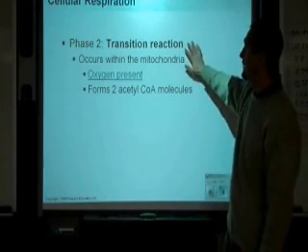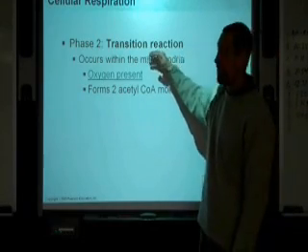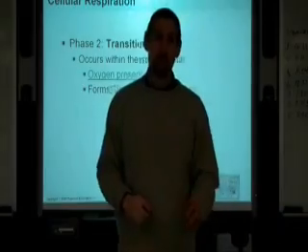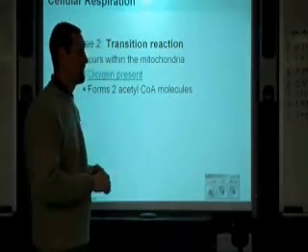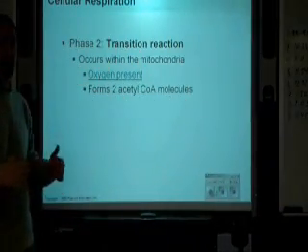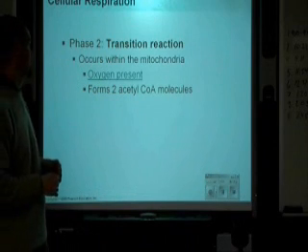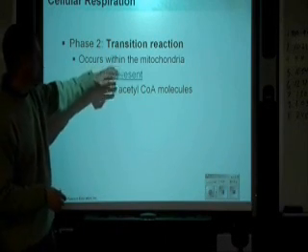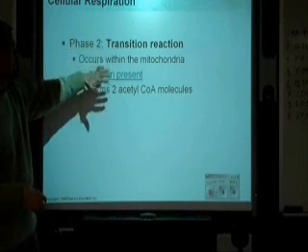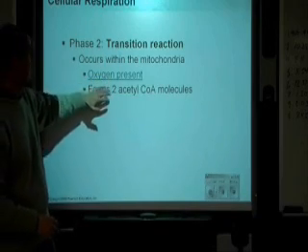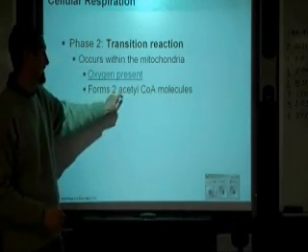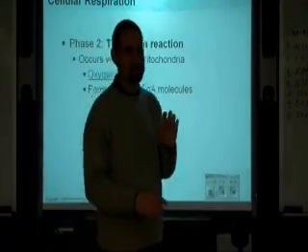In the transition reaction that happens inside the mitochondria of the cell, so this is an organelle in the cell that you've been looking at, that's the energy producer, sometimes called the powerhouse of the cell. If there's oxygen present, we're going to take that pyruvic acid and make something else. In this case, we're going to make another molecule, acetyl-CoA.